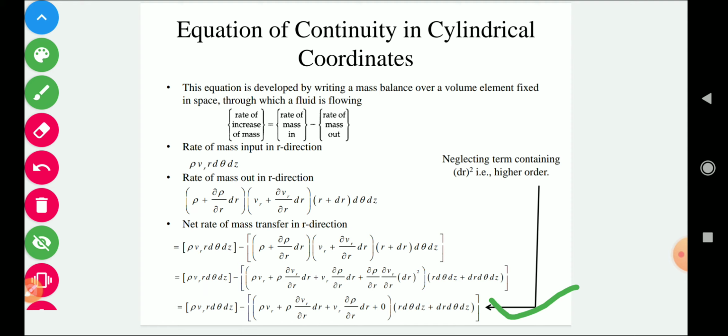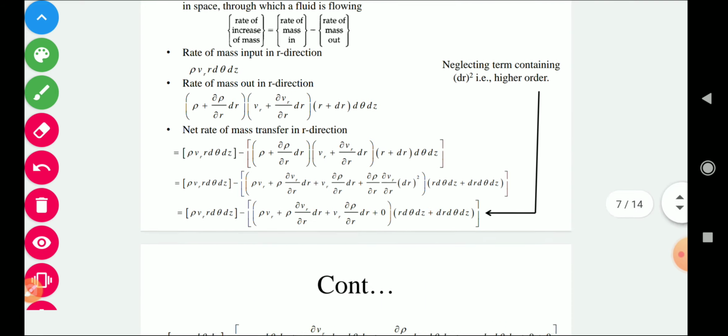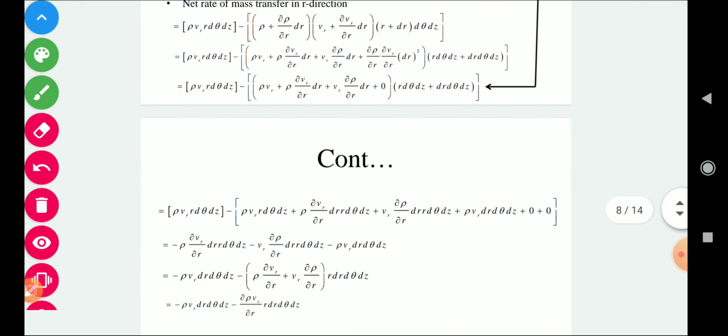Now again open this bracket and simplify this equation, then you will get this equation. Again here we have this dr square term, so replace this square term by 0 because its value is negligible. We get this equation.